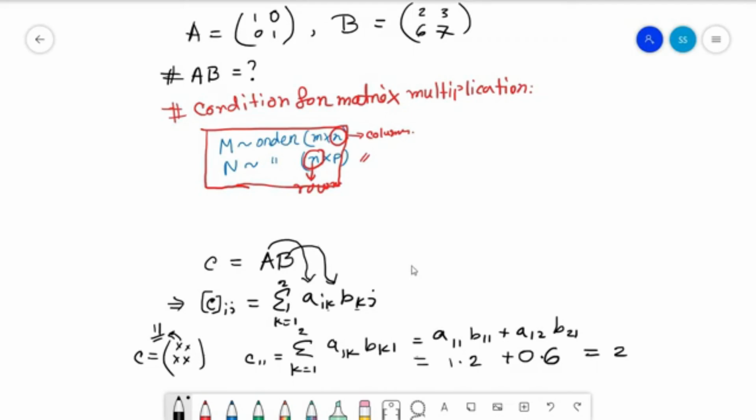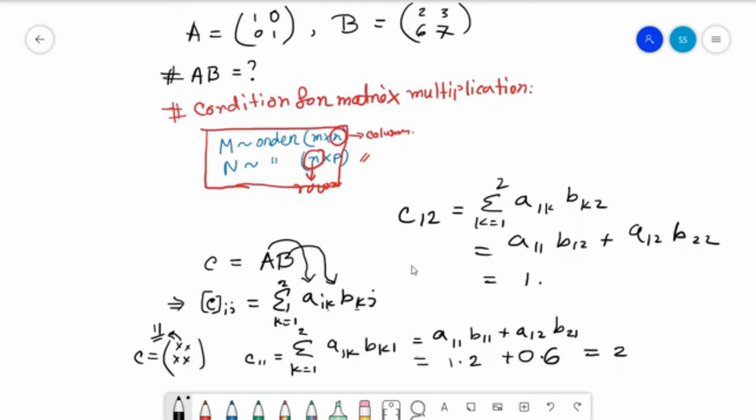For example, you say you want to evaluate C12, right? Again, you can put the i and j indices first and sum over. So let's do that. And if you expand this, that is, you write the sum explicitly, it becomes A11 B12 plus A12 B22.